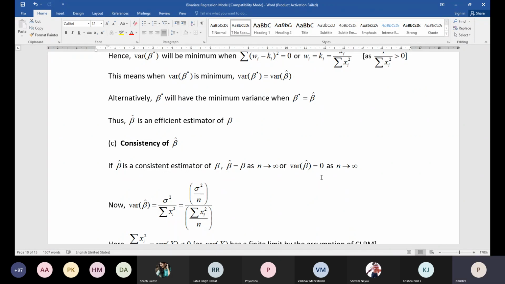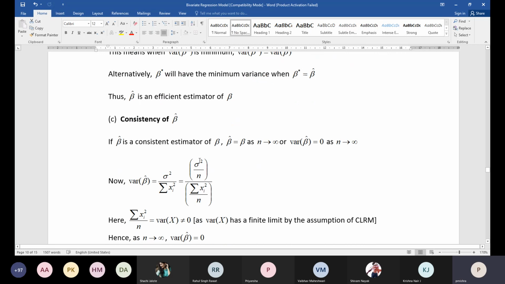Now, what is variance of beta hat? We have already derived variance of beta hat as sigma square divided by summation of small xi square. Now, if I divide both numerator and denominator by n, I get an expression like this.